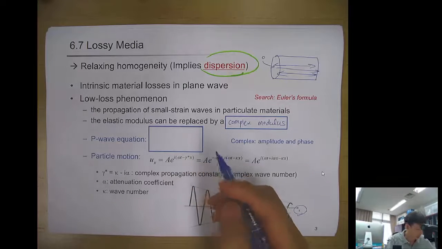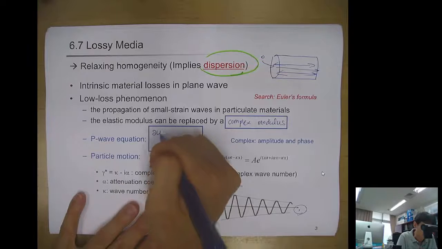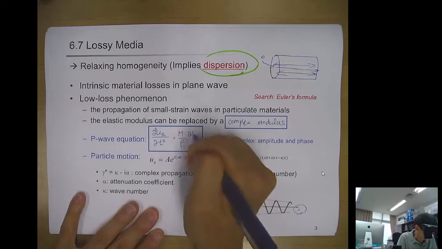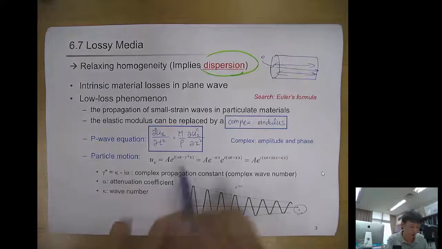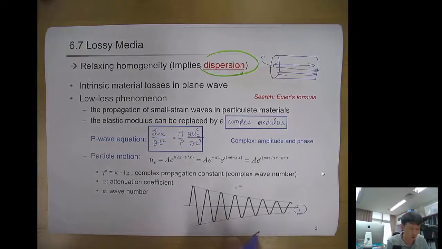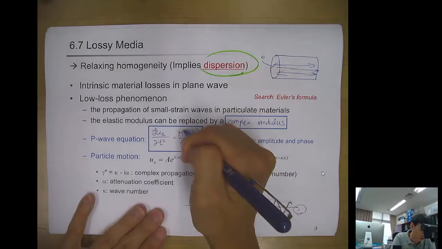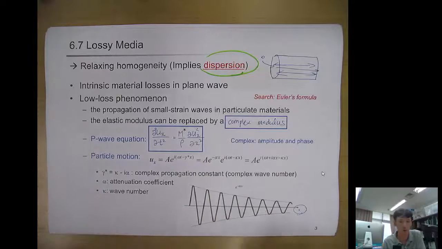So the P wave equation becomes a little bit modified. Before, this was the basic equation when we assumed the homogeneous material without dispersion. But as we are now assuming a dispersive material, we are going to introduce the complex modulus instead of just the real value of it.